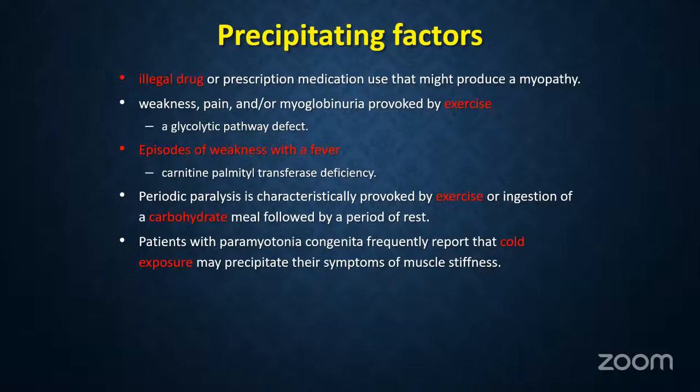Weakness, pain, or myoglobinuria may be provoked by exercise, and fever may also precipitate episodes of weakness, especially in CPT deficiency, that is carnitine palmitoyl transferase deficiency. Ingestion of excessive carbohydrates or exercise may provoke weakness and periodic paralysis. And patients with paramyotonia congenita frequently report that cold exposure precipitates their symptoms of muscle stiffness.